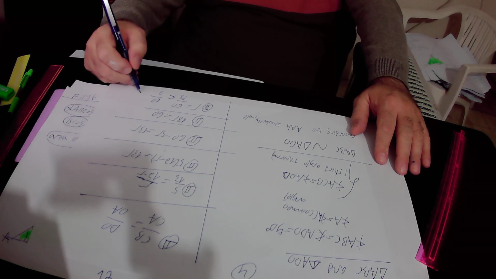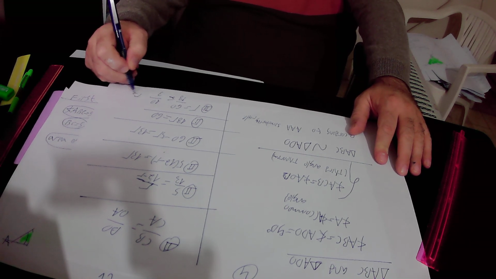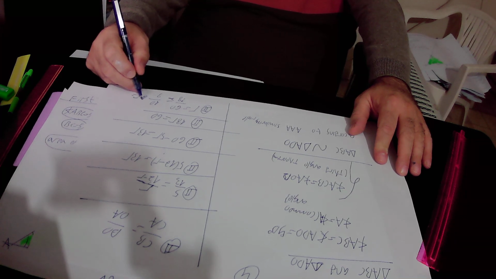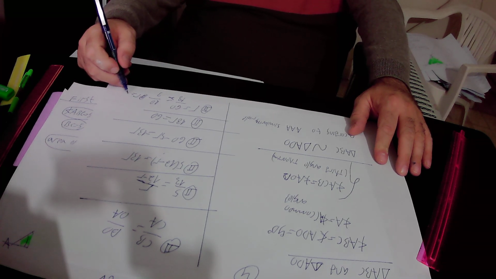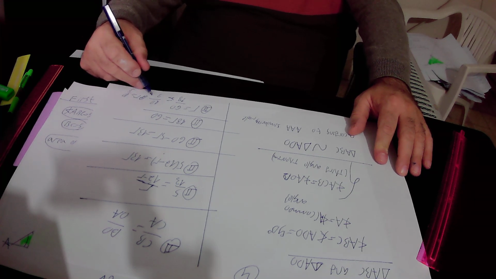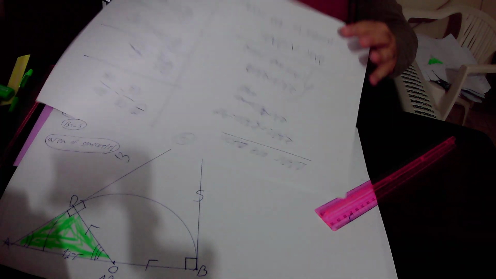So in conclusion, the radius of the semicircle equals 10 over 3 units.